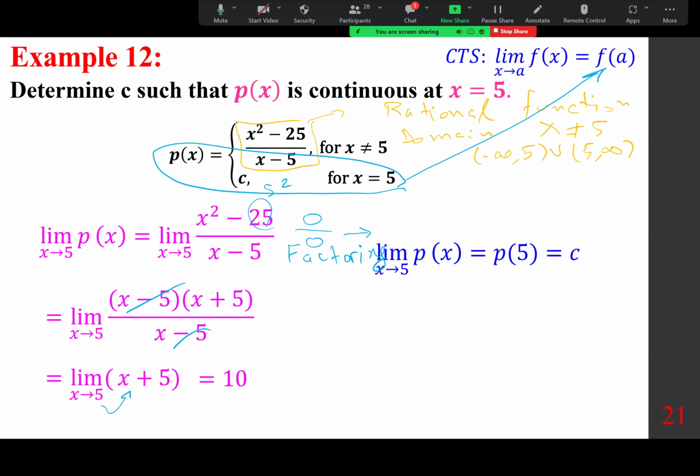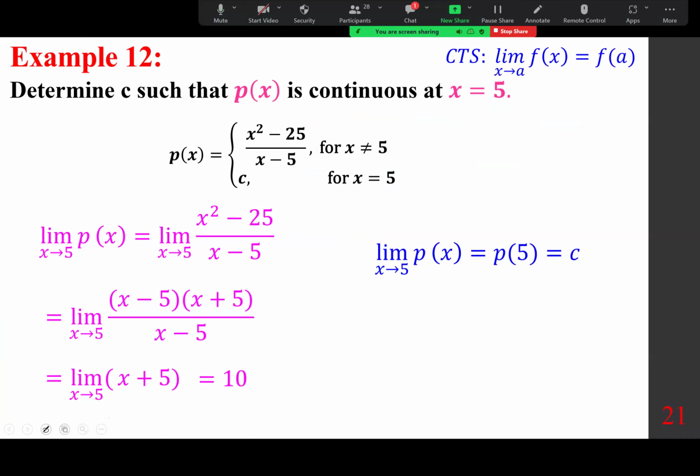So the limit of p of x as x approaches 5 must be equal to the functional value to be continuous. And we know the functional value is given as c. The choice of c must be 10 for this function to be continuous at x equals 5. And again, why are we interested in x equals 5? Because it's continuous everywhere else.